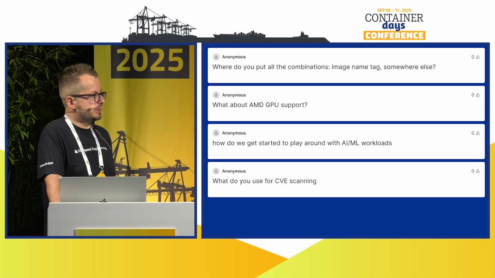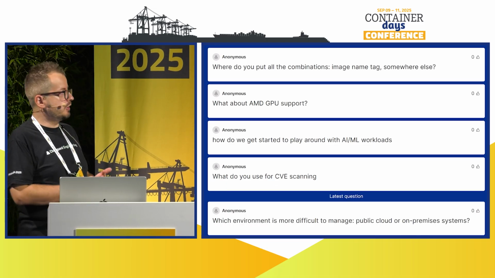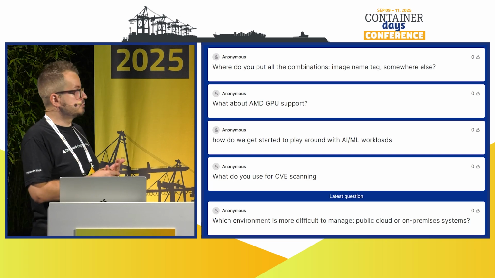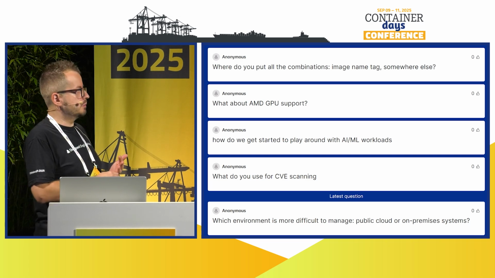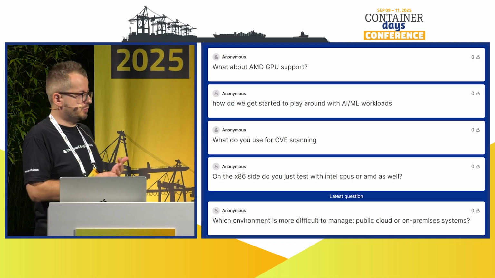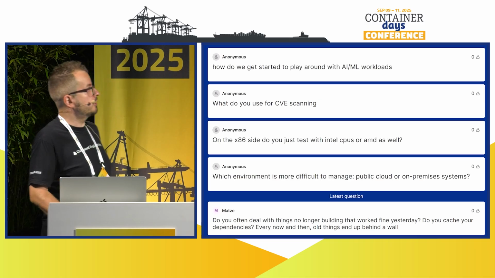I am not an AI/ML expert, meaning that I run some tests, I didn't develop any reasonable workload. So I would say the easiest thing may be to spin up a GPU-enabled VM in the cloud, set up Docker to use the NVIDIA container runtime, and then you should be able to spin it up.